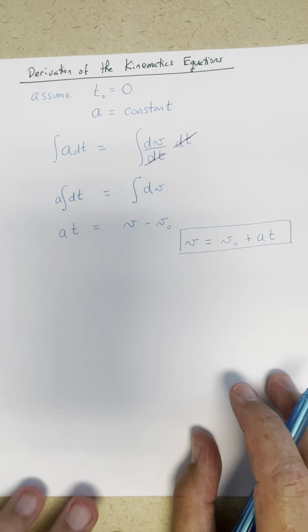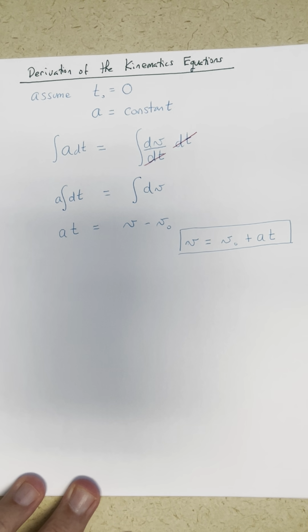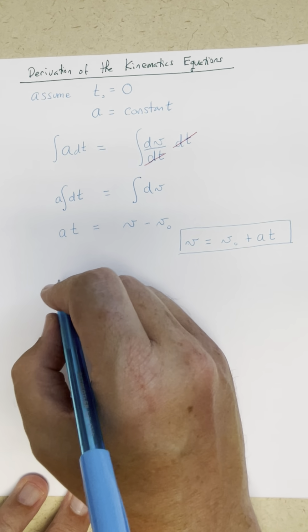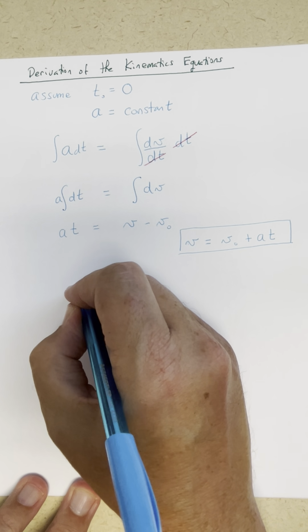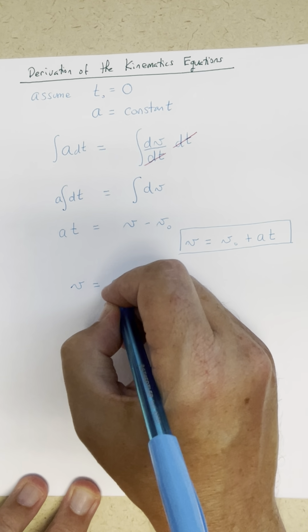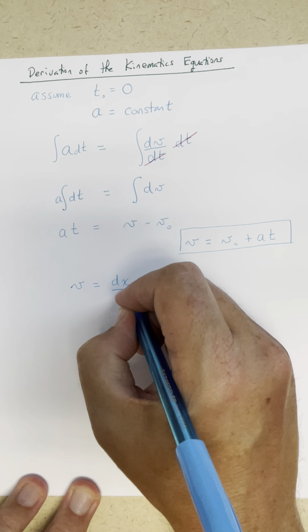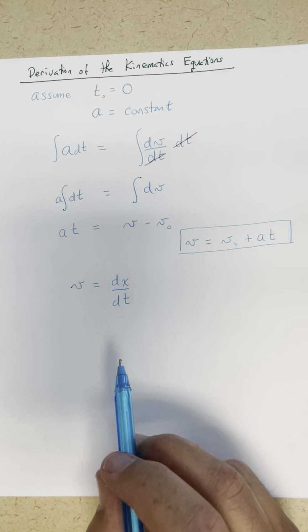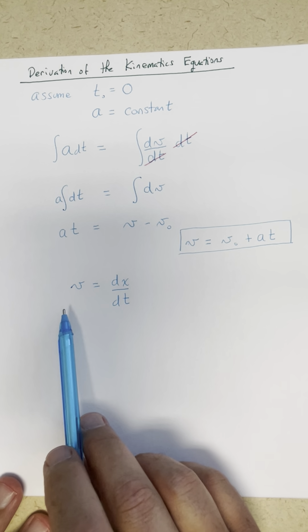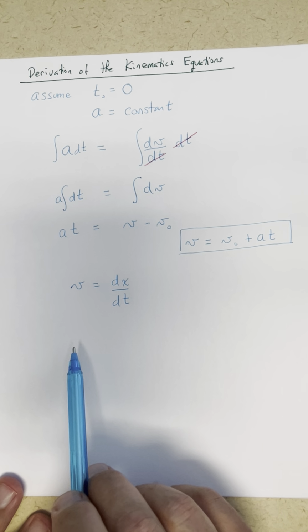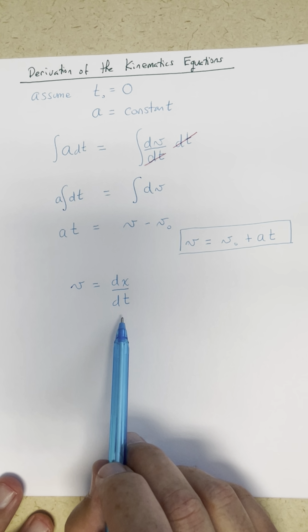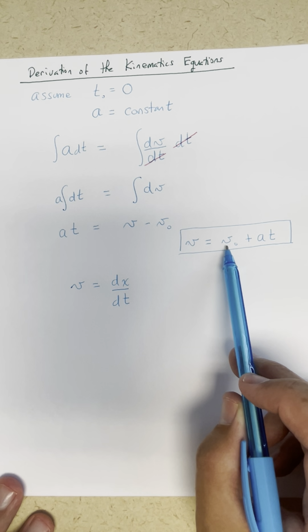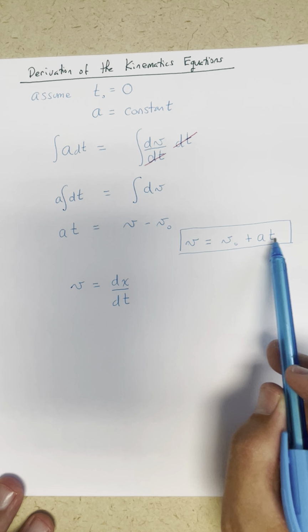I can play a similar game, working towards position as a function of time, by starting from velocity is the rate of change of position. And I'm going to play the same game, integrate both sides with respect to time, but I'm going to plug in that this velocity is equal to v0 plus acceleration times time.